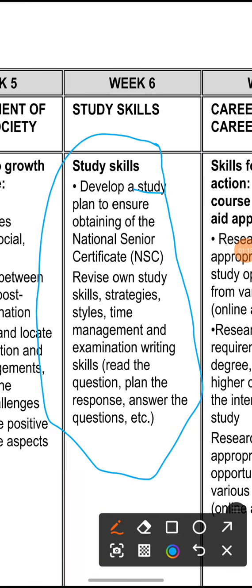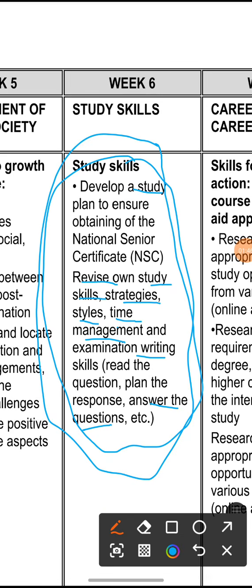Revise your own study skills, strategy, study time, study styles, time management, and examination writing skills, which is reading the question, planning to respond, answering the question, and so on. So this is what you are expected to know under study skills in week 6.